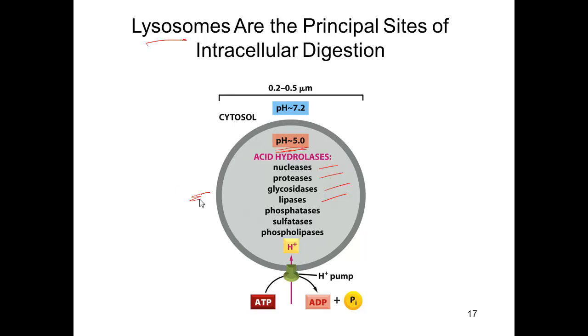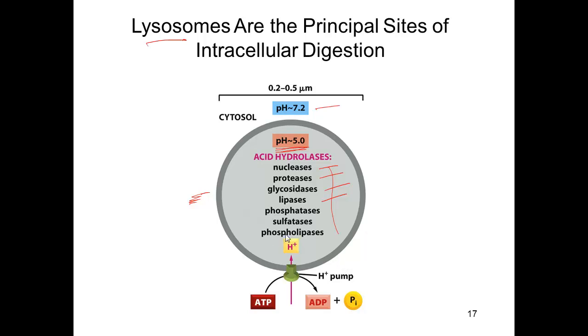The cytosol and the nucleus have normal pHs around 7.2 to 7.4. If a lysosome would accidentally rupture and they would spill out into the cytosol, these proteins would get out there, but they would not be active at a normal pH. So this is a safety mechanism for regulating the activity of these otherwise nasty proteins.